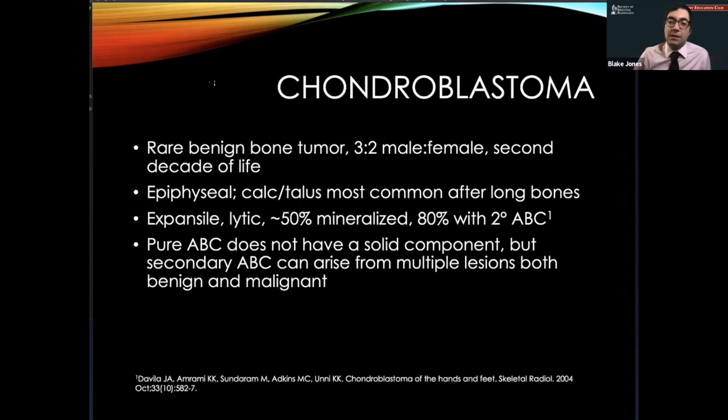So the best piece of advice I could give is, when you're looking at something like this that has a solid component, go for the solid component. And if it doesn't, you may be stuck trying to get the edges of the lesion, getting your needle all the way through, and getting a piece proximally and distally through the lesion.